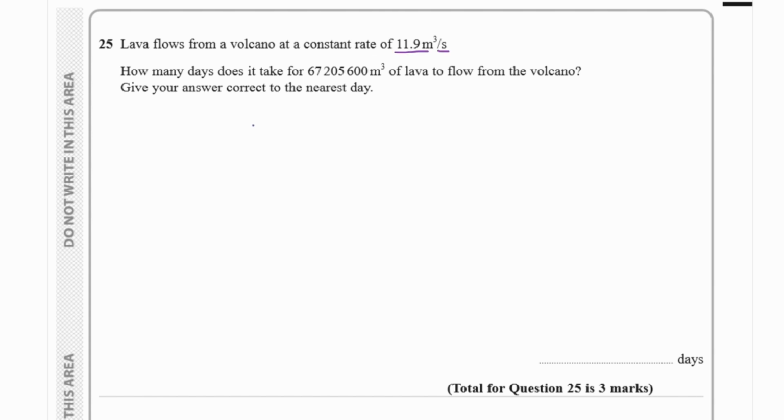So we are told that 11.9 meter cubed takes 1 second, and if we need to find how many seconds 67,205,600 meter cubed will take, we can check what we did to 11.9 to do this.